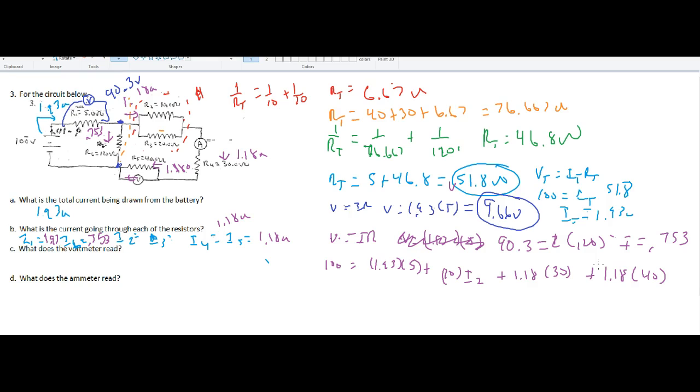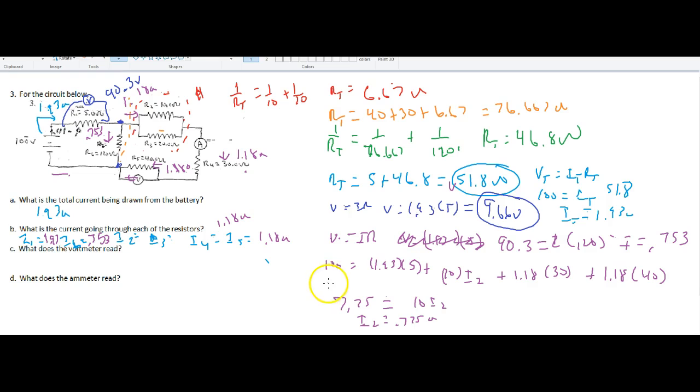I used pluses when I should have used minuses. Delete plus, there we go. Boom. And I have 7.75 left over, right? So solving this problem, I get 7.75 equals 10 times I2. So I2 must equal 0.775 amps.